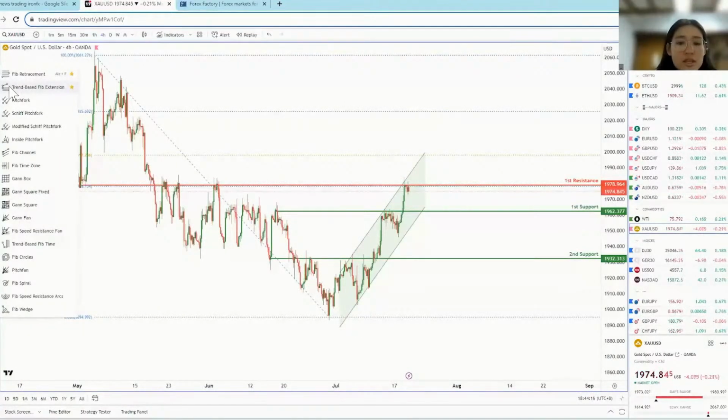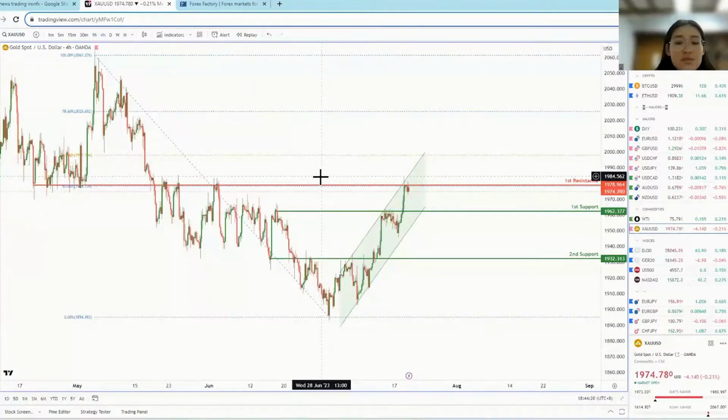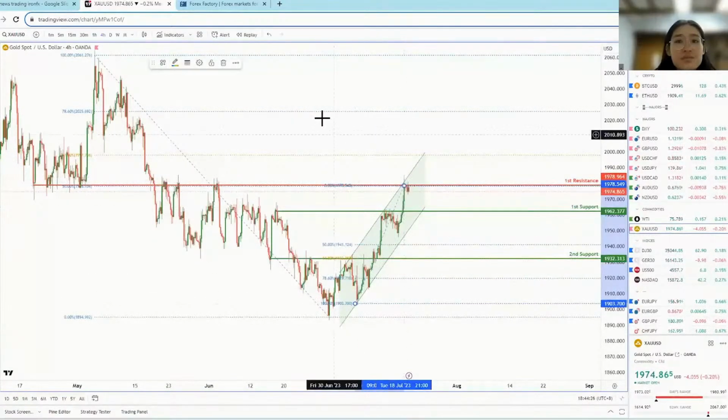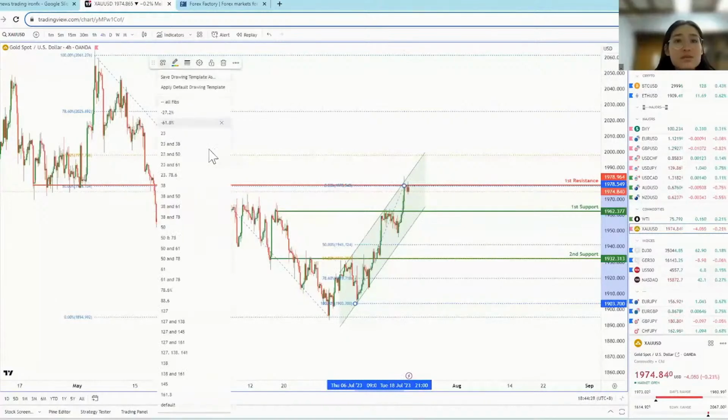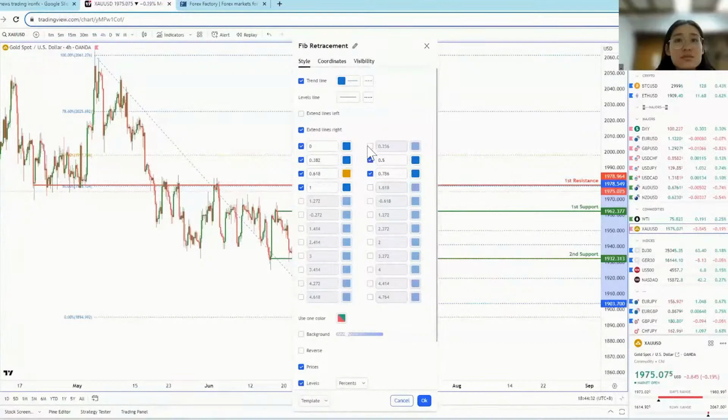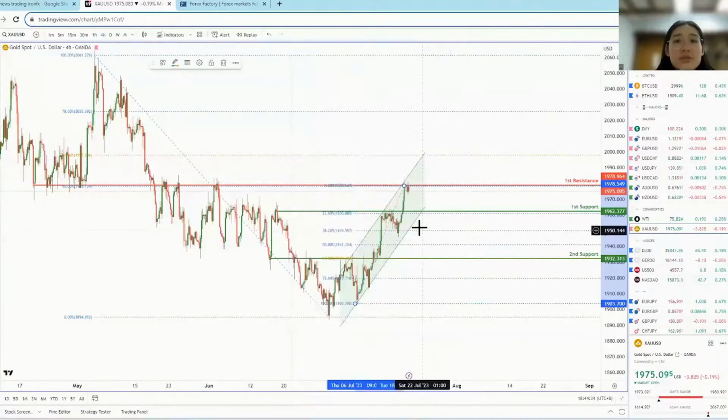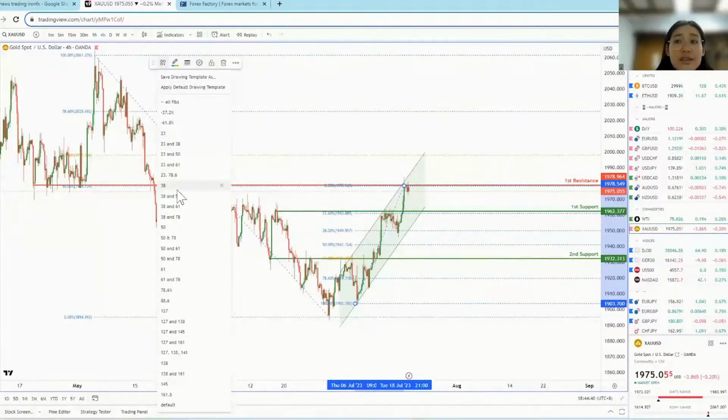And then now I'm going to take a look and see if we have another retracement here. Okay, we have a 23.6 as well as the 61.8 that line up really nicely with our first and second support.